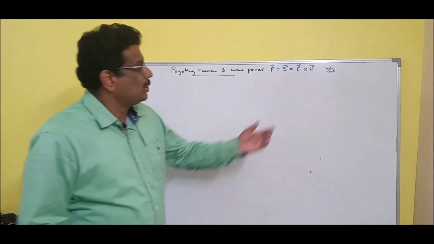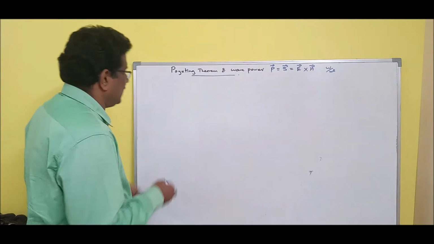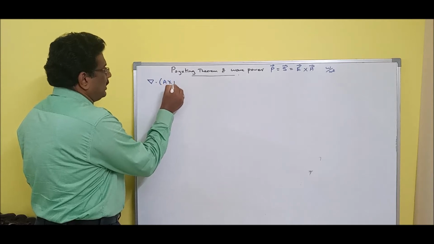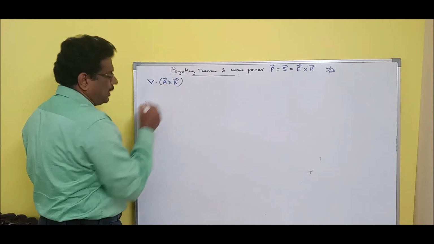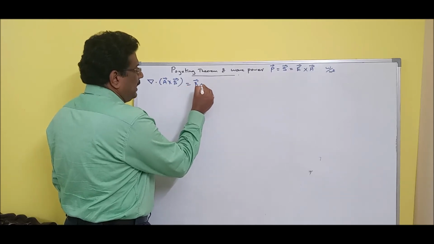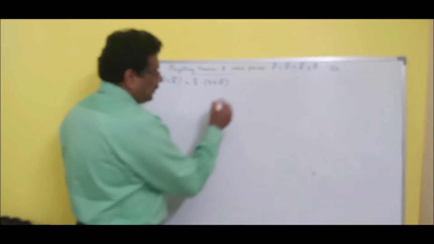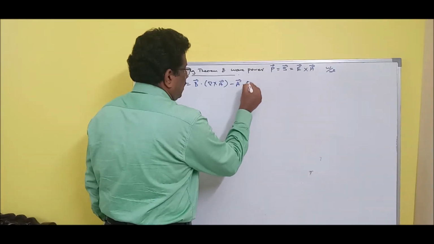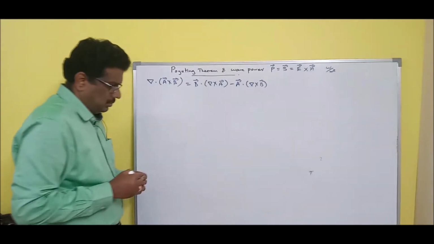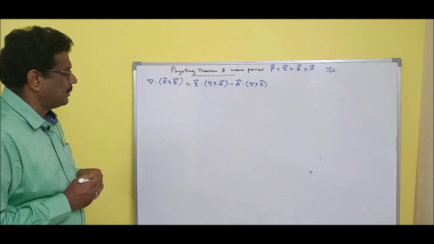Now my aim is to derive E cross H. Okay, and we know from the vector identity, del dot A cross B. Remember, my dear, both are vector. Is nothing but B dot del cross A minus A dot del cross B, which is a known vector identity which we have defined in the beginning of the syllabus.